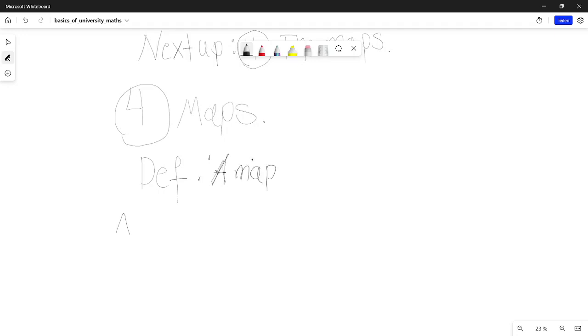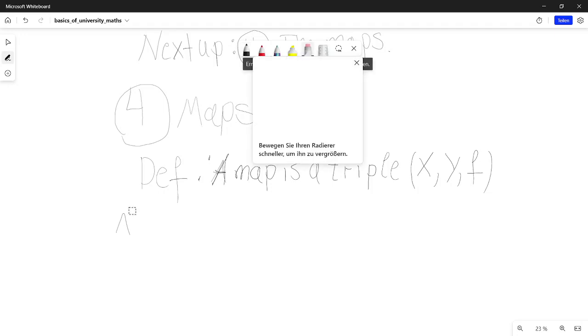So, a map is a triple, just like an ordered pair. Now, an ordered collection of three objects is called a triple. And it is a triple of the three following mathematical objects: x, y, and f.